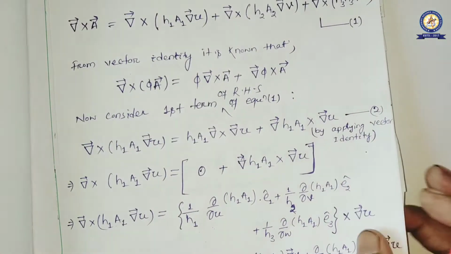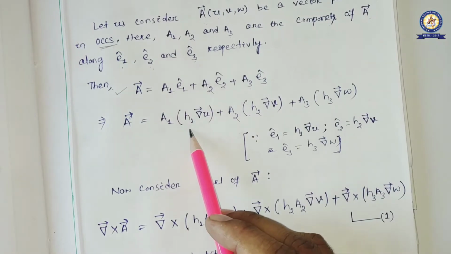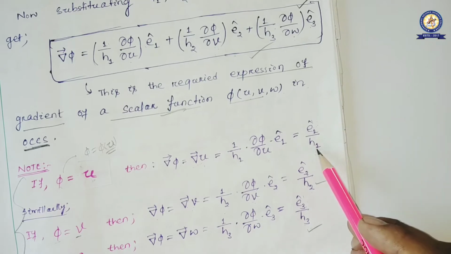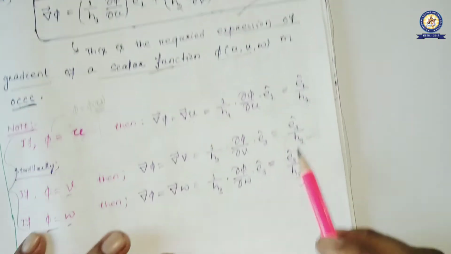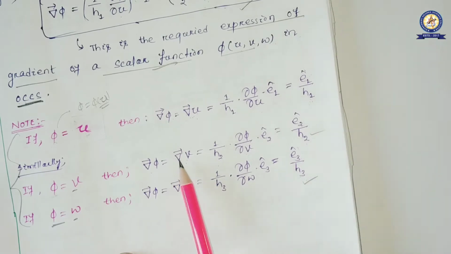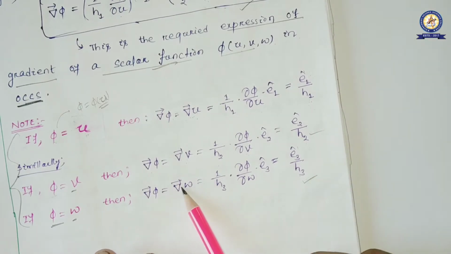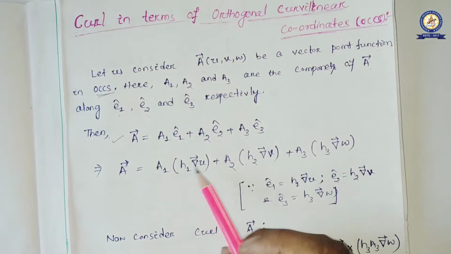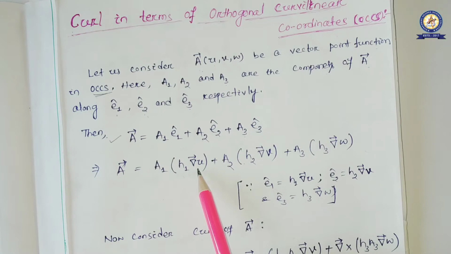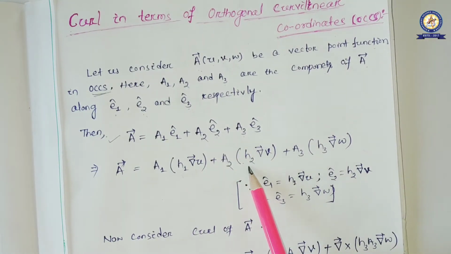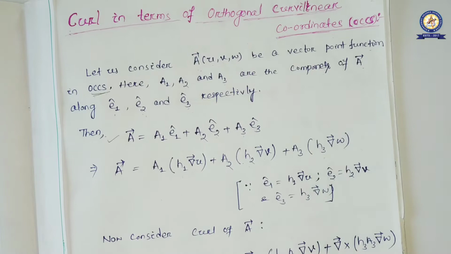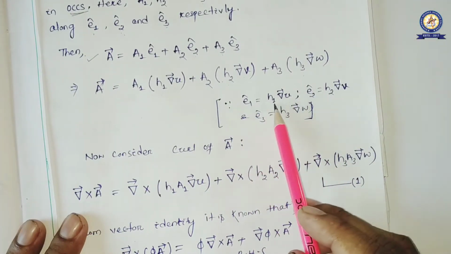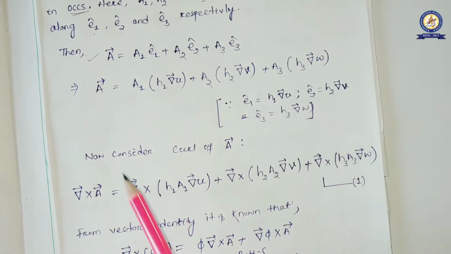So e1 cap will be h1 into del u, e2 cap will be h2 into del v, e3 cap will be h3 into del w. We are going to substitute these, e1 cap as h1 del u, e2 cap as h2 del v, e3 cap as h3 del w, as we found.